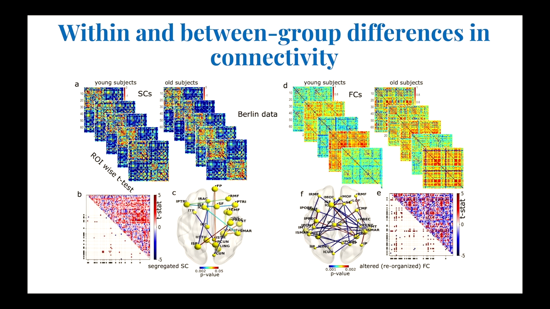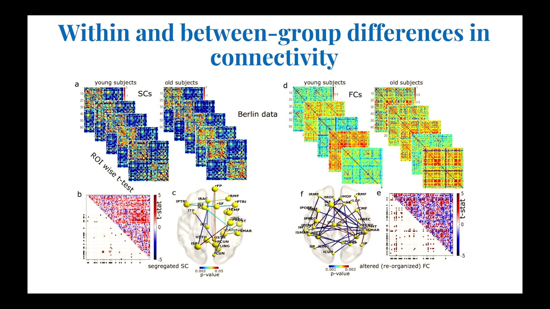When you compare the young versus older subjects, you do find that there is an altered, reorganized functional connectivity. You have heard about symmetry of connectivity from Sridhar also in yesterday's talk. What we are interested in is to what extent SC can predict FC.